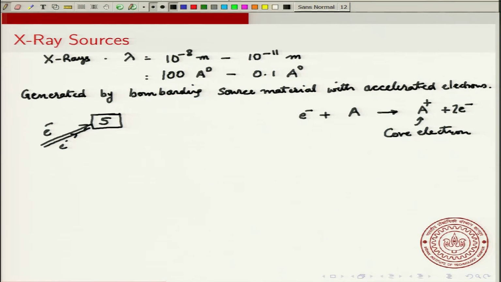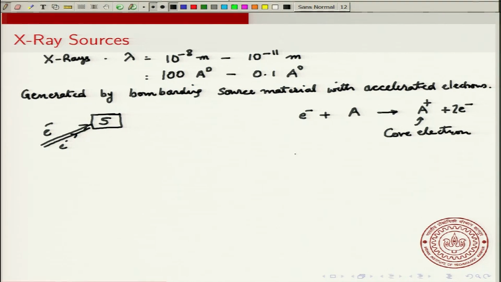When this core electron is removed, one of the higher shell electrons will go and fill that vacancy, and in the process it will generate X-ray radiation.